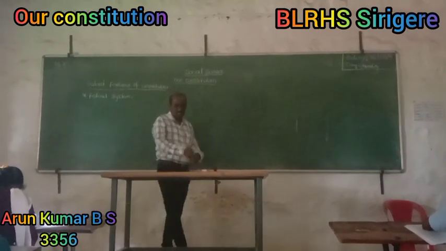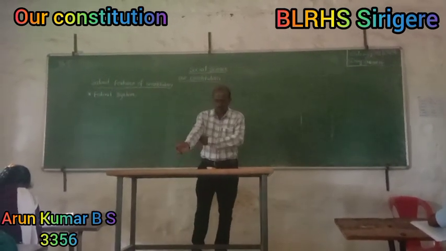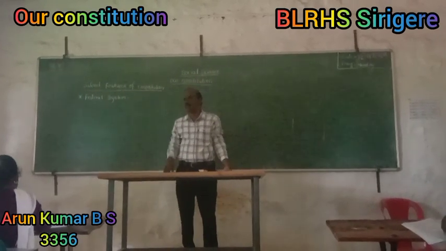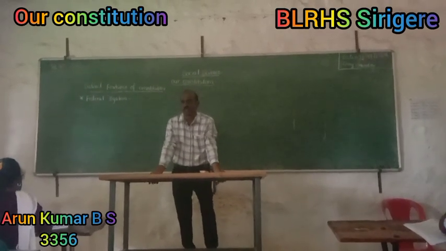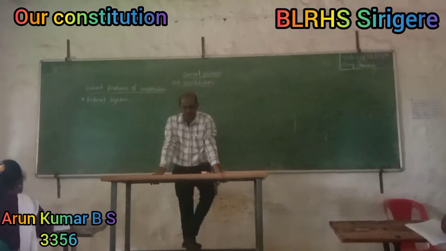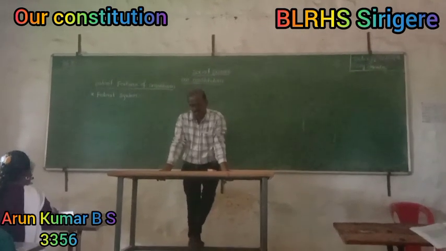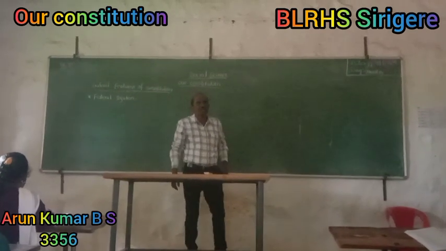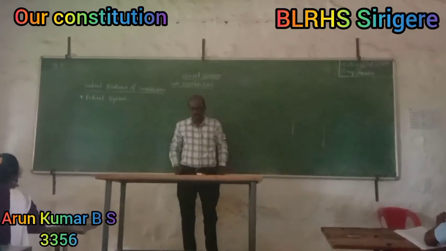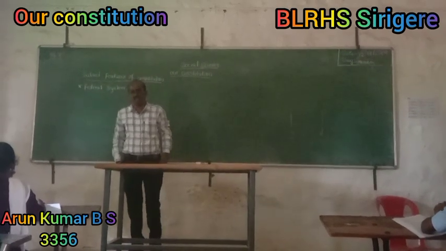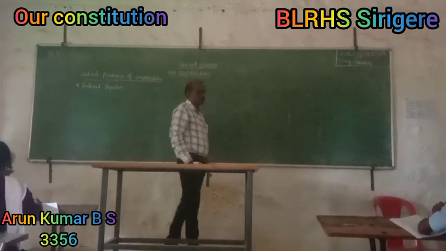So what is a federal system? Our Constitution provides for a federal system of government because our country consists of different languages, castes, races and geographical regions.